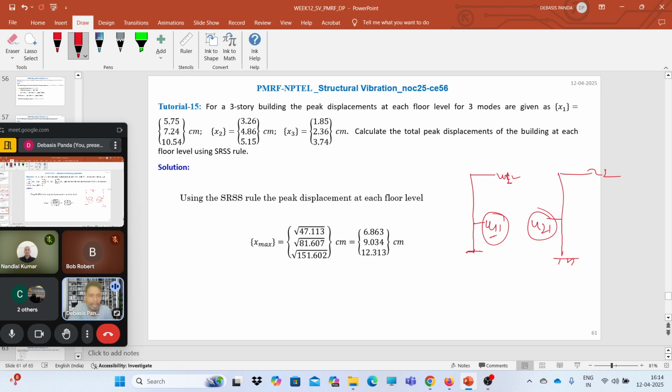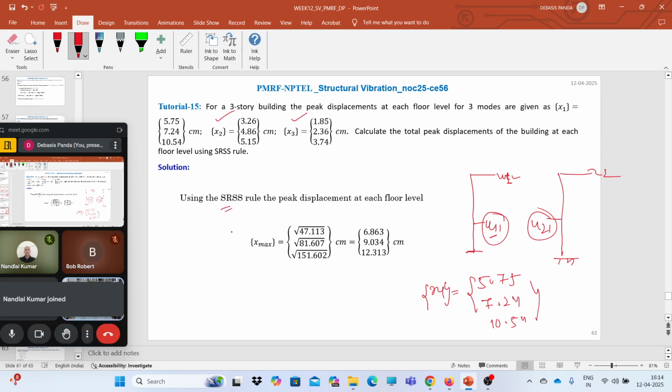Once you have the u1 or x1 values, what is the displacement, or the modal displacement, corresponding to the first mode? Let's say here it is given as 5.75, 7.24 and 10.54 for the first mode, and for the second mode and the third mode also given. Now they want you to use the SRSS rule. That means the square root of the sum of squares of all the parts. So to find x max, you need to take the square root of 5.75 square plus 3.26 square plus 1.85 square.